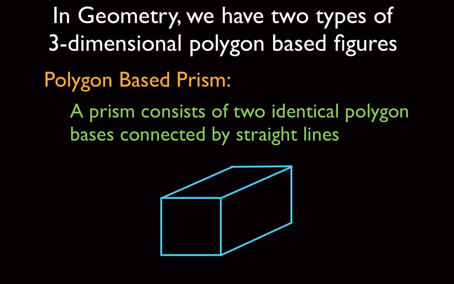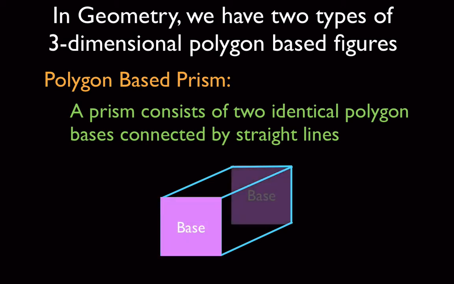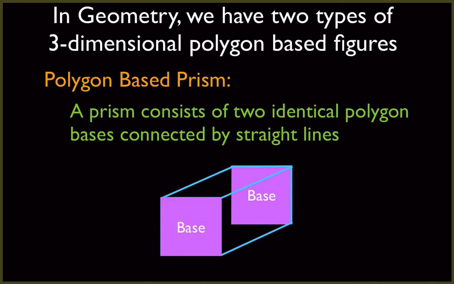So looking at this one here, boxes are unusual because you could count almost anything as a base, but in this case I'm going to count the front as the base. What you'll notice is on the back there's an identical base, and they are connected by straight lines. Most of the time, they don't draw the see-through image where you see all those extra lines. It helps some people, though, to take a second and draw those lines in.